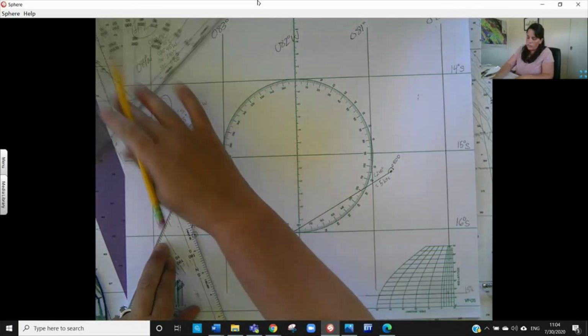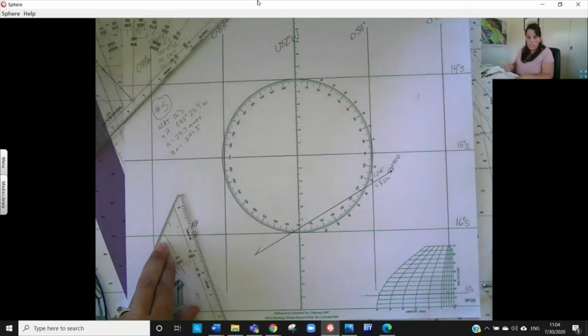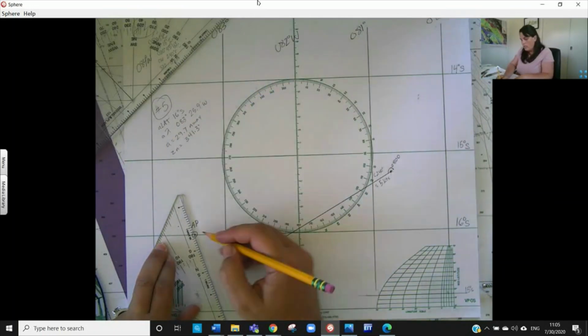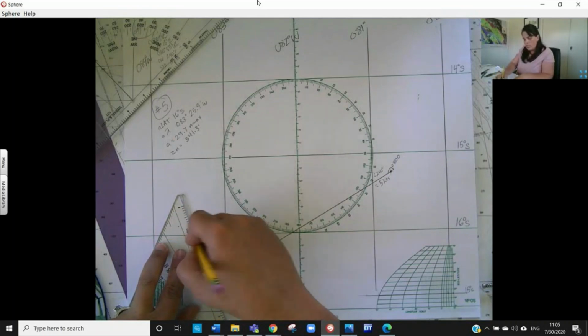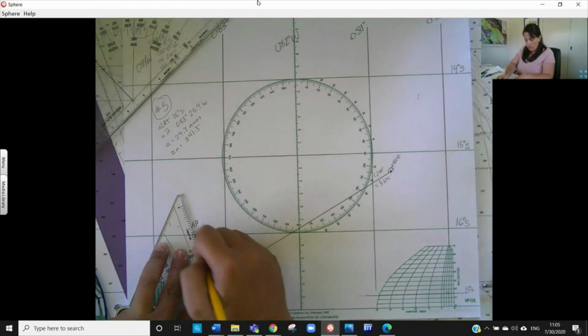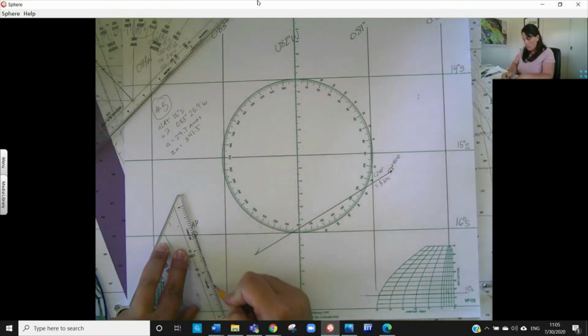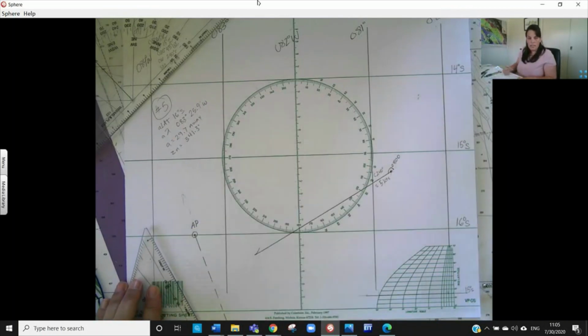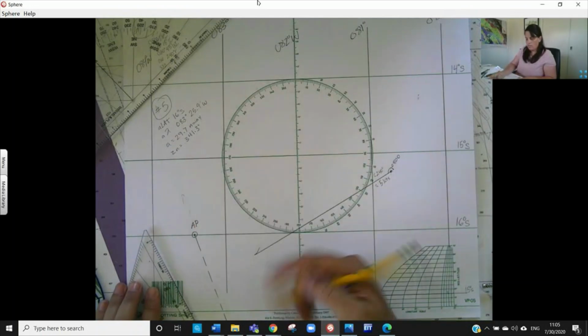So 341 is in this direction, but I'm going to be going away from 341. So from my assumed position, I'm going away from 341. So that will be my azimuth line, going away from 341 in that direction.